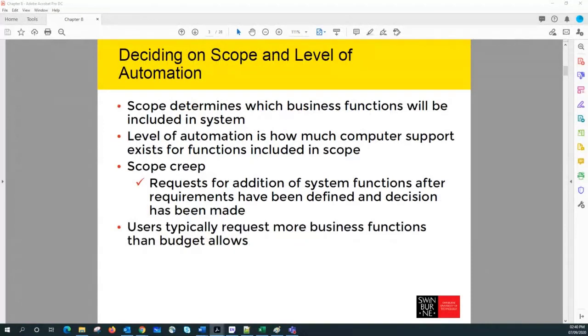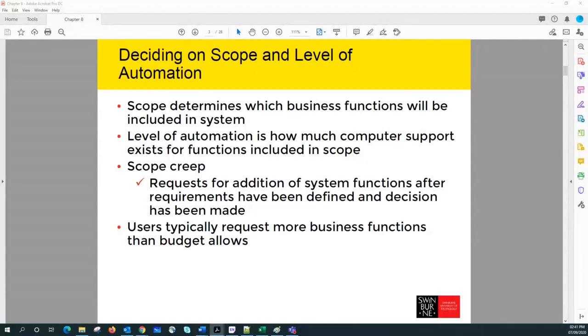First things first. There are many alternatives in terms of different aspects, so one of the key things we need to remember is the scope of the project. The scope is very important because it determines what functions we need to include in the system.